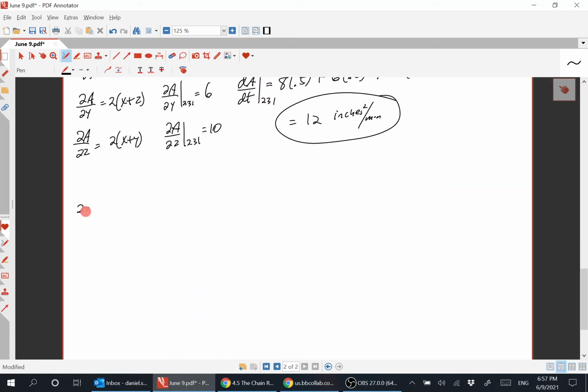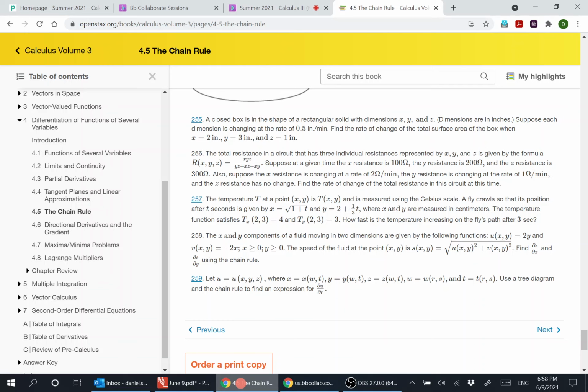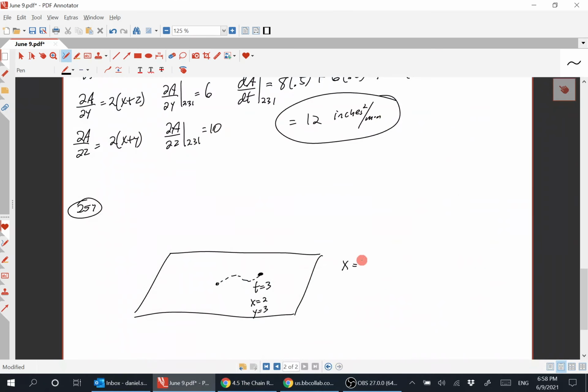So in 257, you've got some xy plane, and you've got your ant crawling around that xy plane. And at t equal to 3 seconds, x is equal to 2, y is equal to 3, where his position x is square root of 1 plus t. So at t equal to 3 seconds, he's at x equal to 2, because that'll be square root of 4.